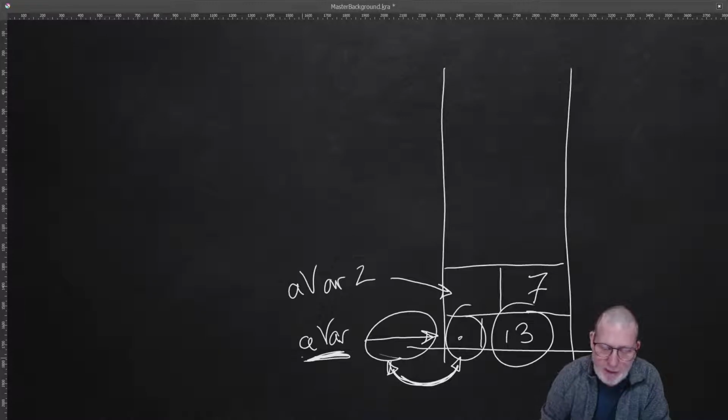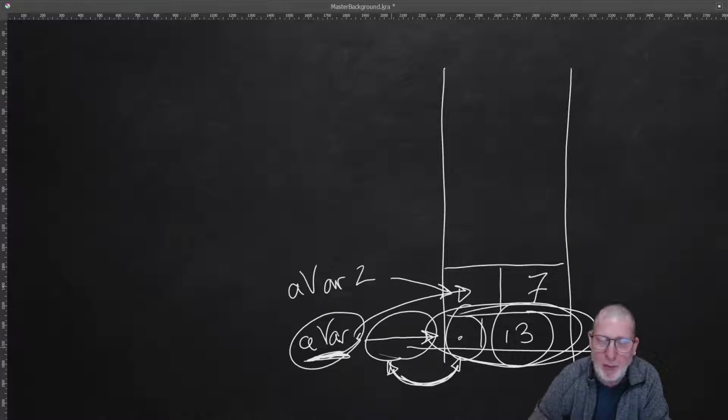I can take this variable and change what it refers to be this one. I no longer have access to this chunk of memory. I don't have anything pointing to it or referring to it. This is referred to as a memory leak, because there's no way to deallocate the number 13 and the memory that it consumes.